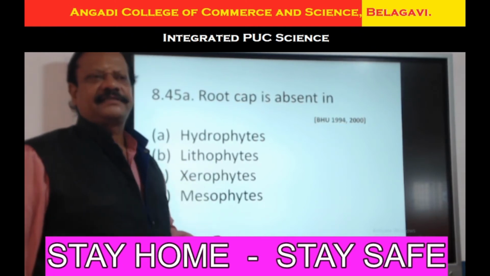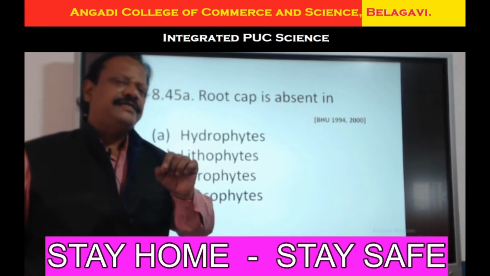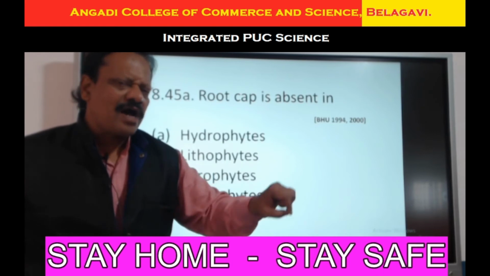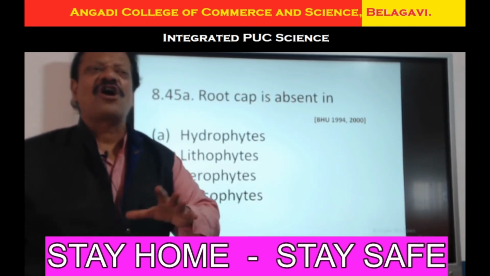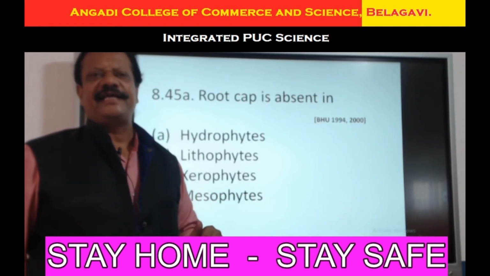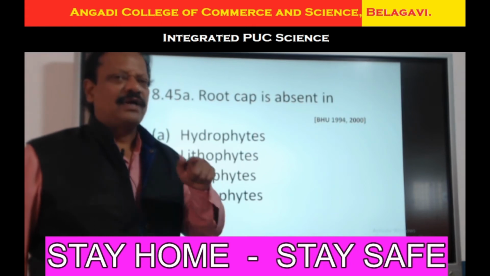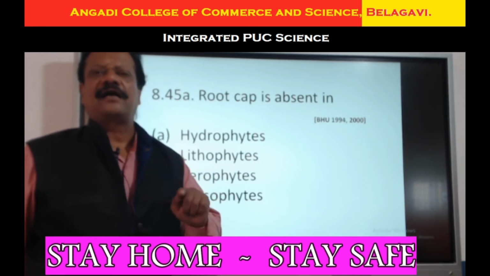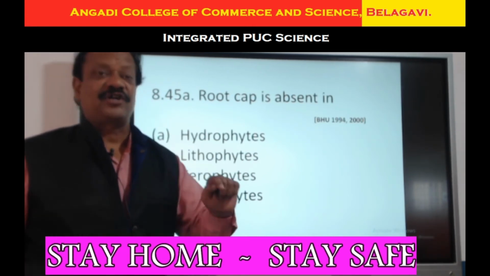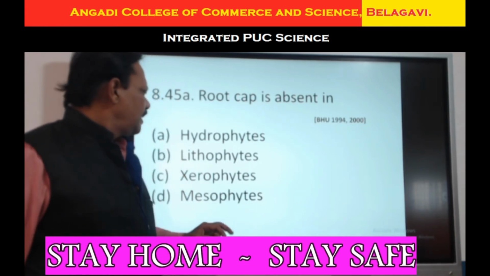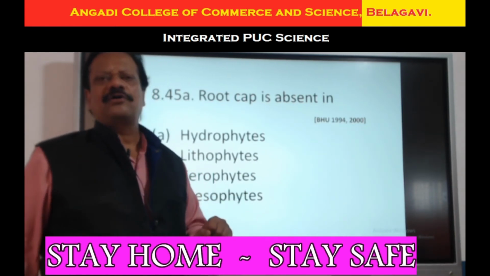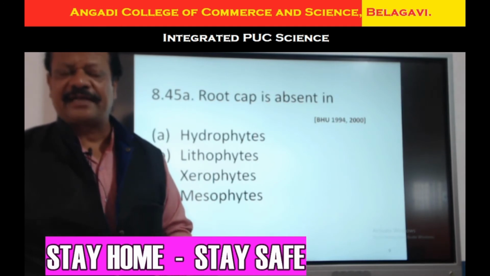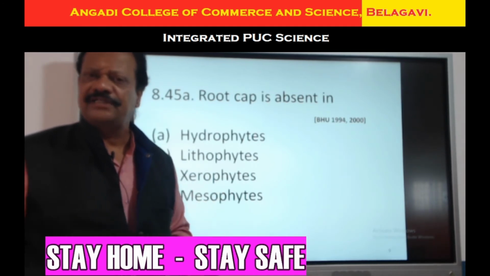Now lithophytes, here the environment or the area will be rocky. In these rocky areas, the plants are growing. Whatever root tips are there, they are covered with the root caps because the protection is required to the tip. And xerophytes, they are growing in the desertic conditions where the water availability is very less.